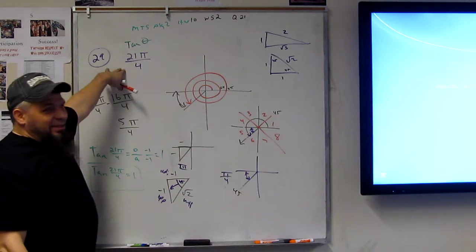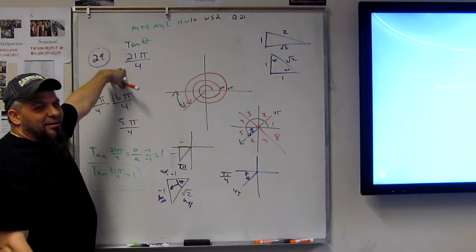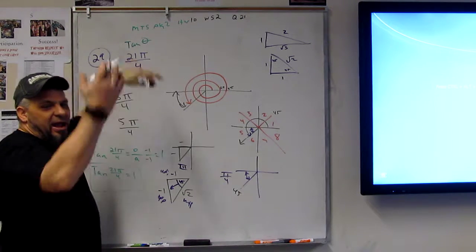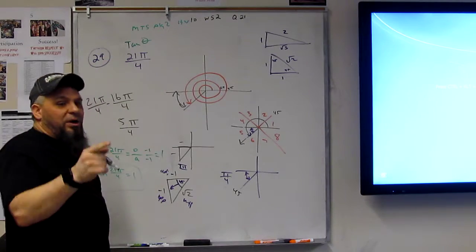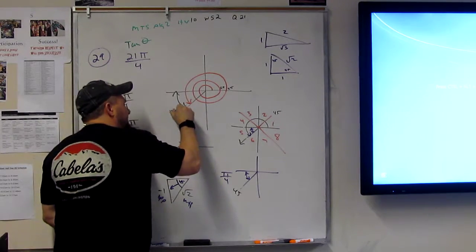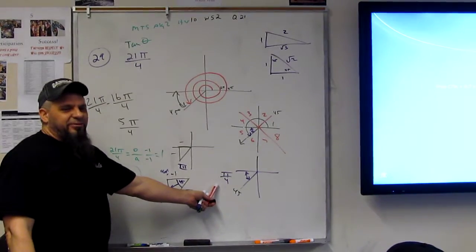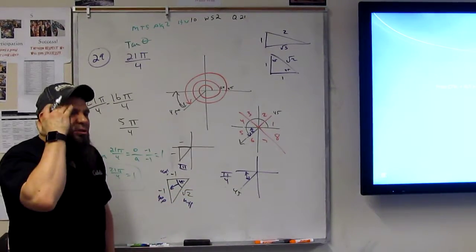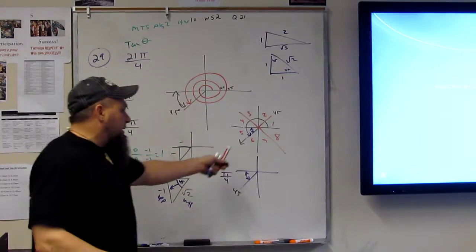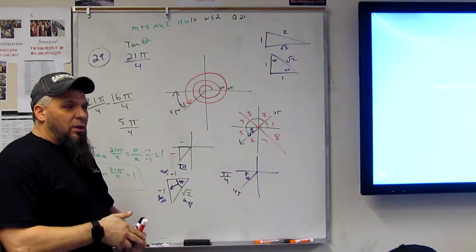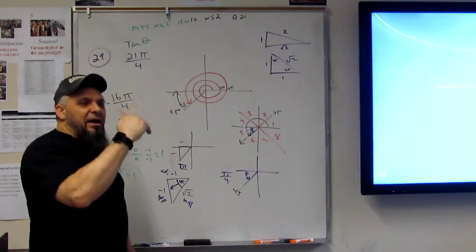Now, we never did it in pi, right? We always just changed this to degrees, found it in degrees, but once we knew it was 45, it's the same thing, okay? All we did was decide that it's pi over 4, but we should know that pi over 4 is 45 degrees, right?